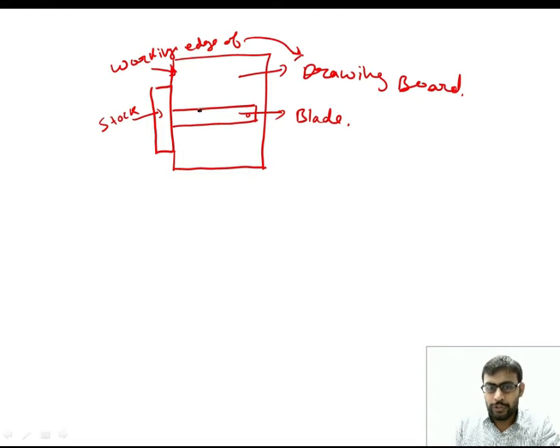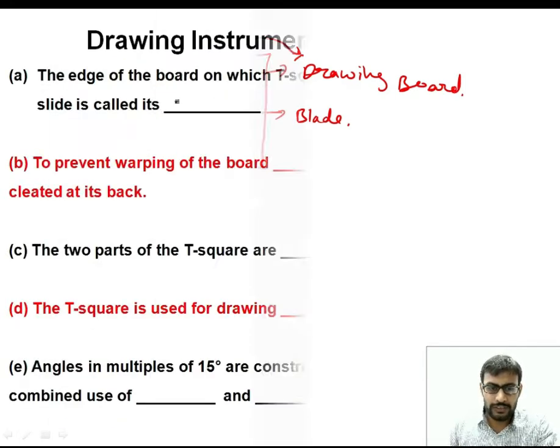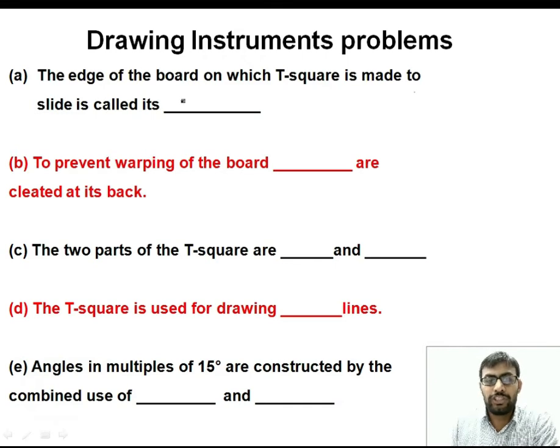This shaded portion is also termed the working edge of your set square. So the edge of the board on which the T-square is made to slide is called the working edge of your drawing board.